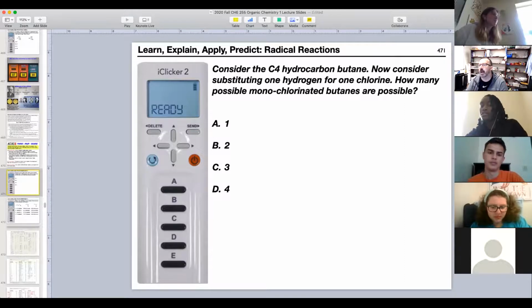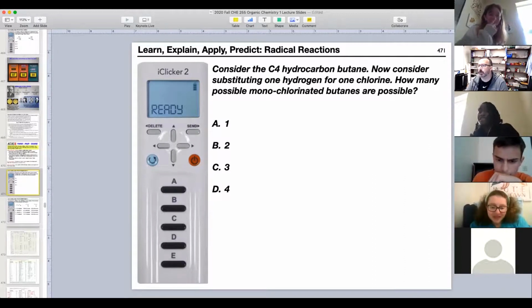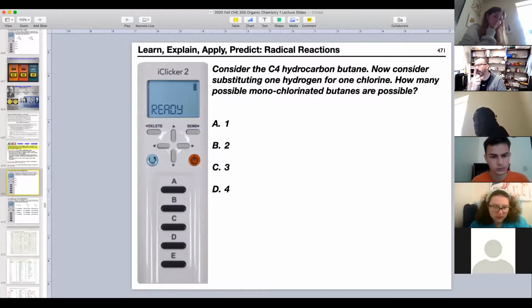The answer is not 2. The answer is 3. Can you think of a reason why it's 3? So what I want you to do is draw out, for your initial 2, draw out those 2 structures right now. One of them has something unique about it. What is unique about it?